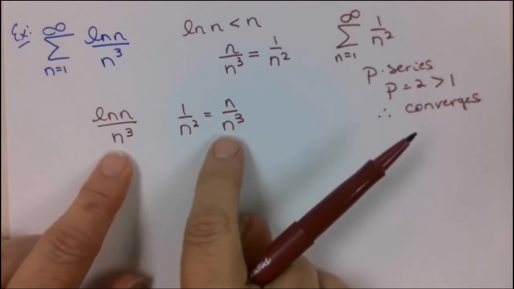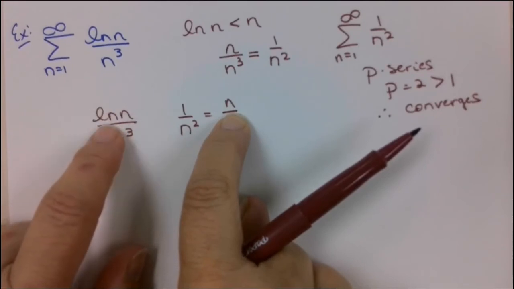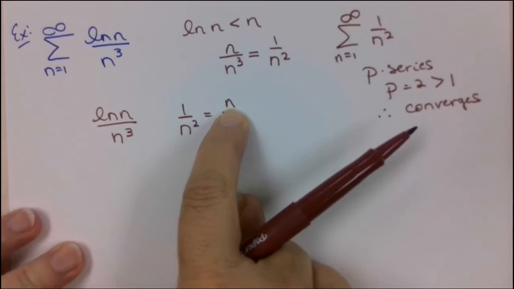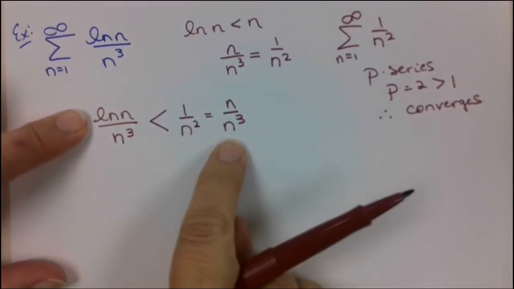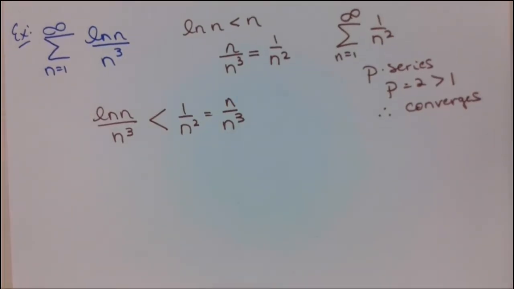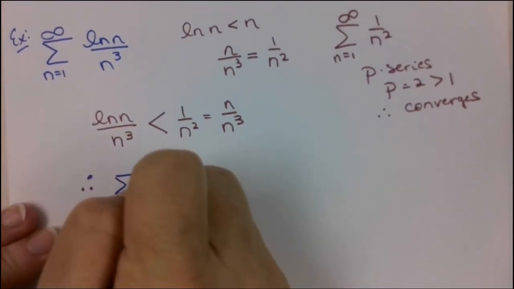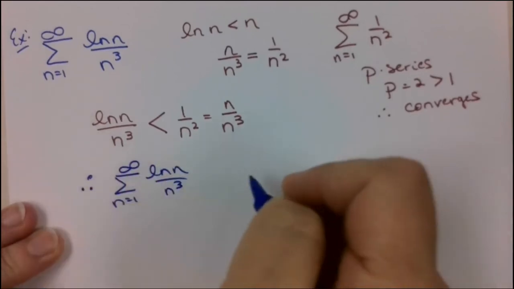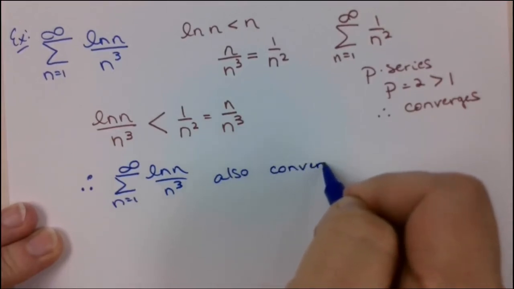If I compare these, my denominators are the same, and my numerators, the natural log of n is always going to be smaller than n, and therefore my series of interest is smaller than my known series, which is exactly what we wanted because the known series converges. Therefore, the natural log of n over n cubed infinite series also converges.